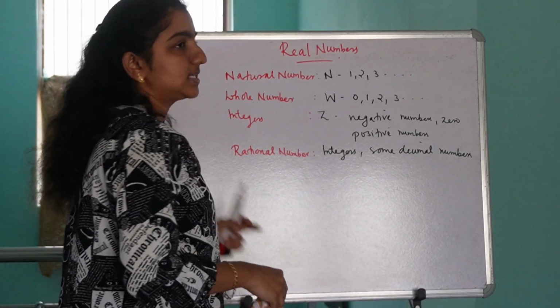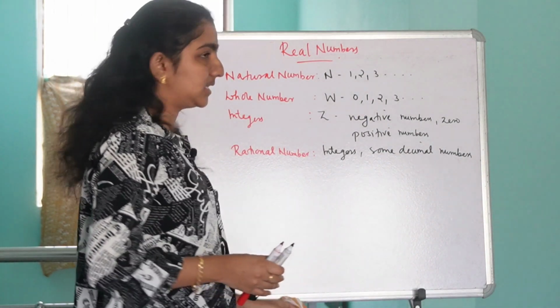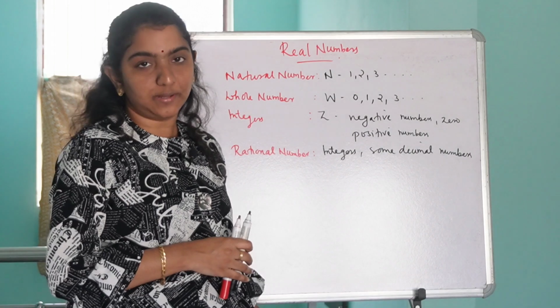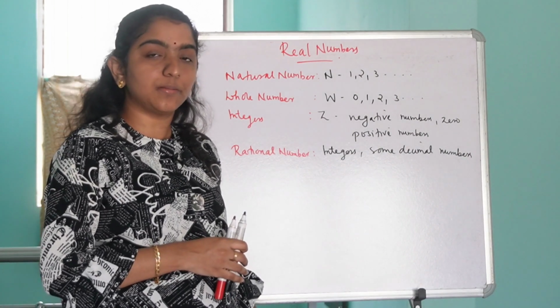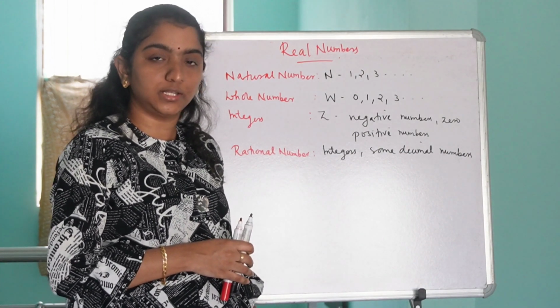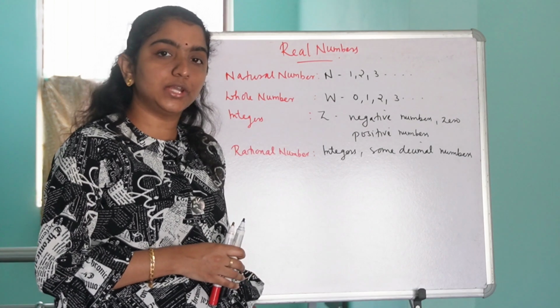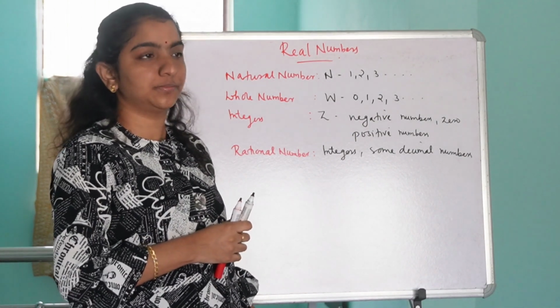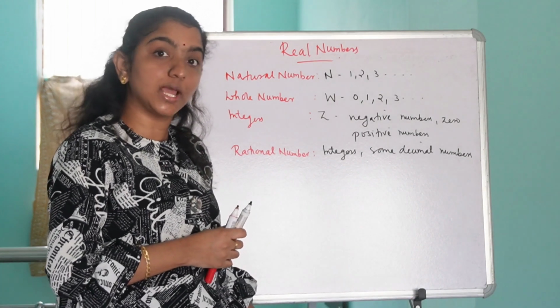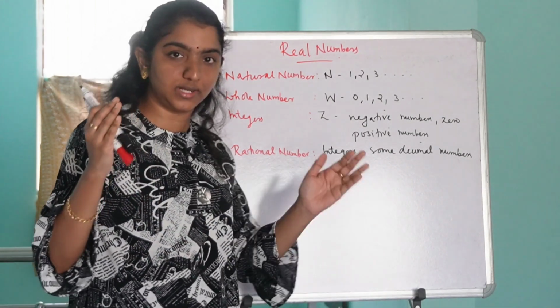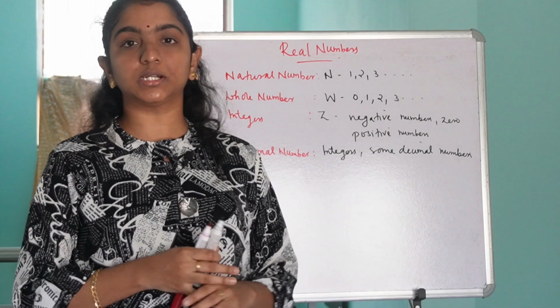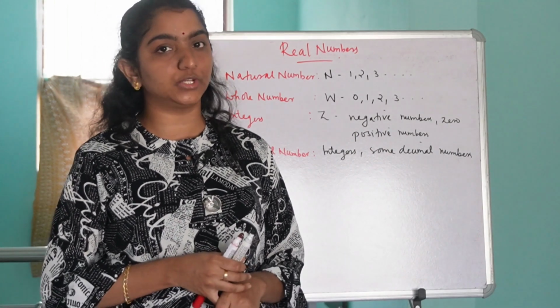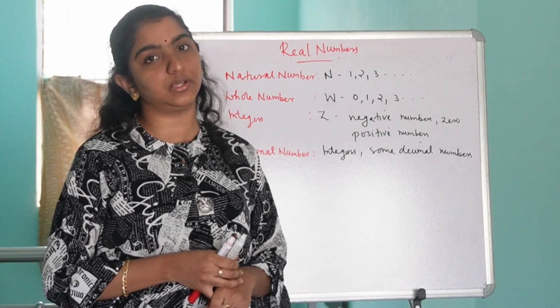Just now we have seen that some of the decimal numbers can be written in the form p by q, where p and q are integers and q is not equal to 0. That means some of the decimal numbers cannot be written in the form p by q, where p and q are integers and q is not equal to 0.